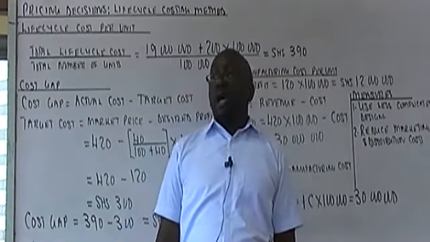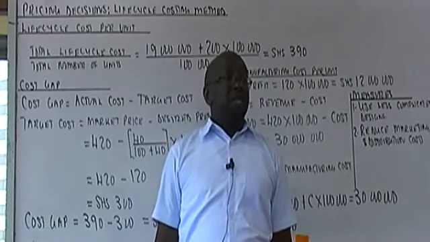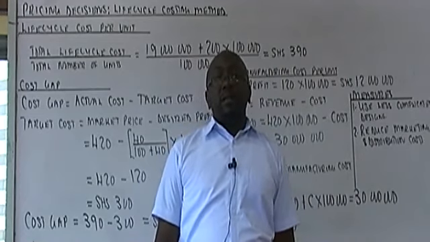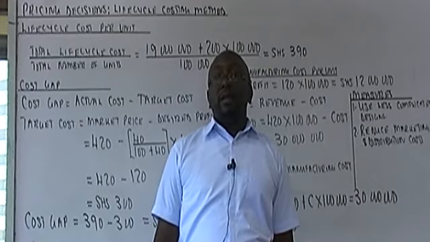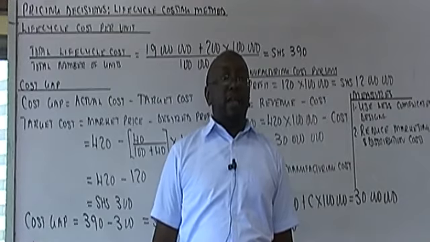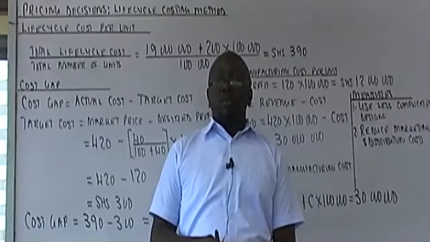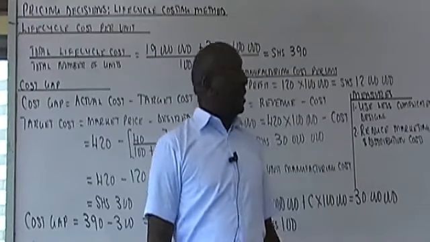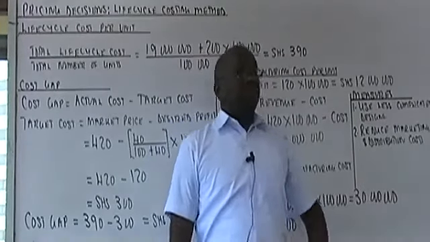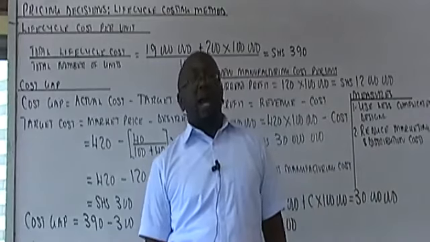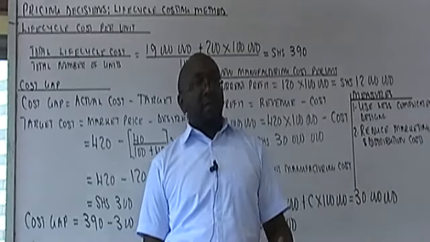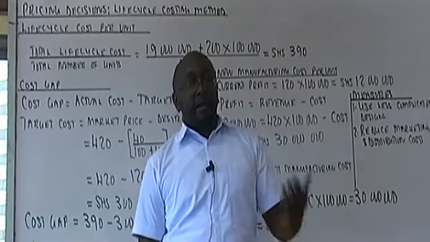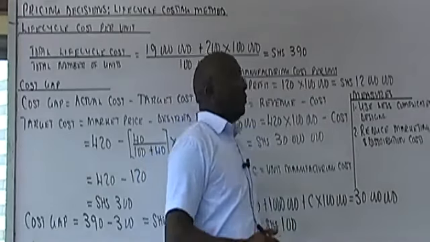Do you use print media or the audio, like the TVs and so on, which could be expensive? You need to check on that. When it comes to distribution, you could even start asking your customers to come for the products, instead of you taking them to where they are.